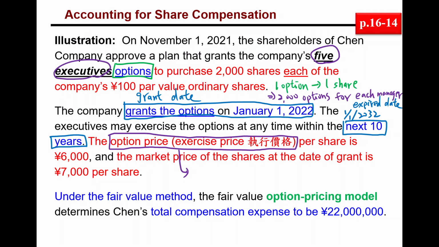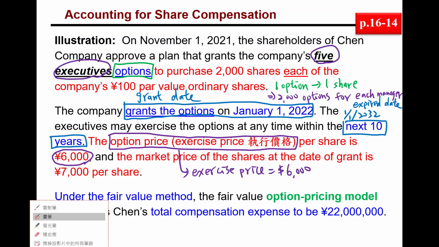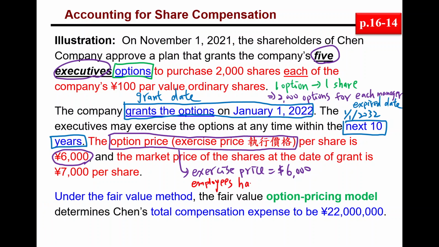So you give them the right to use $6,000 to buy one share. So the exercise price is $6,000, which means employees have to pay $6,000 to buy one share.